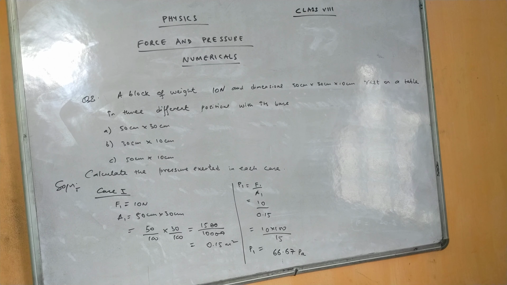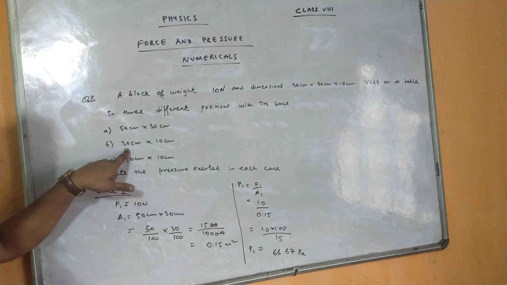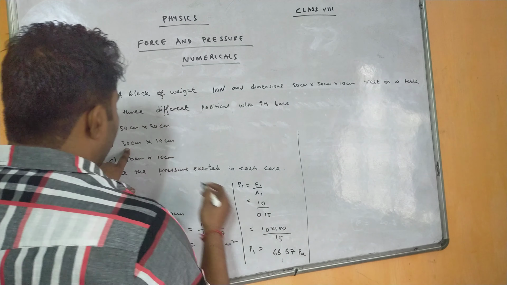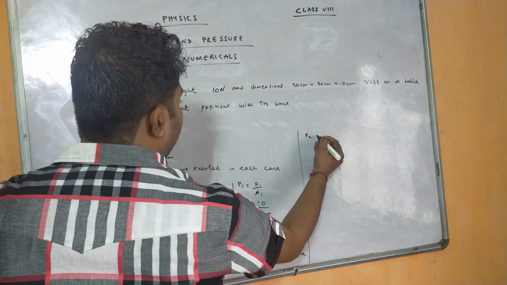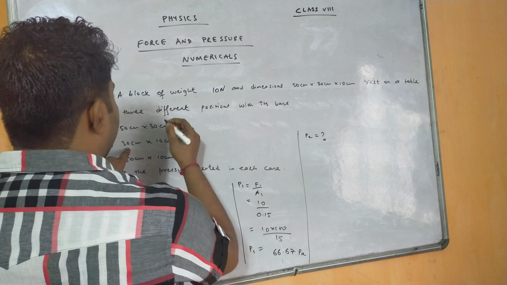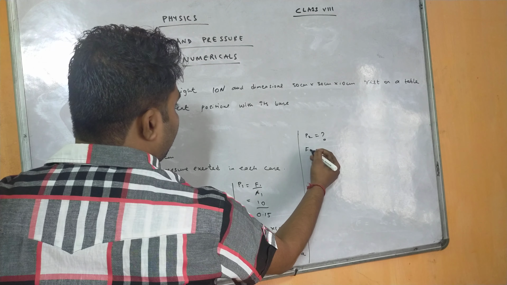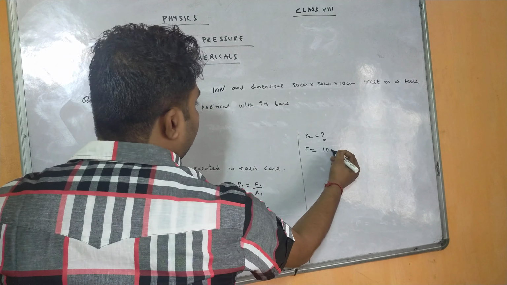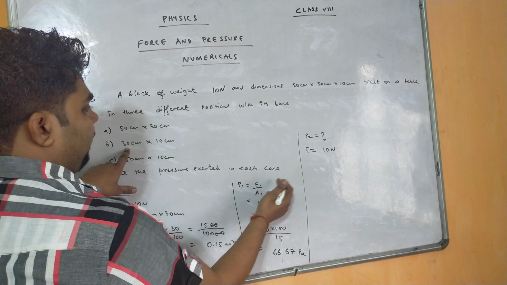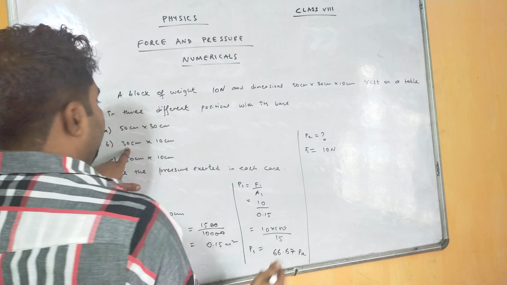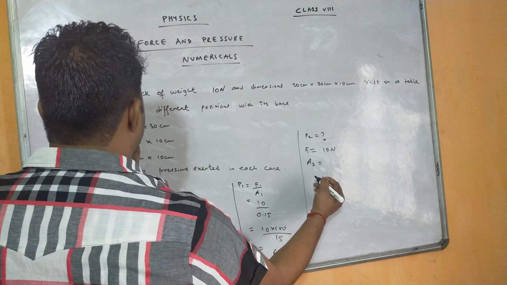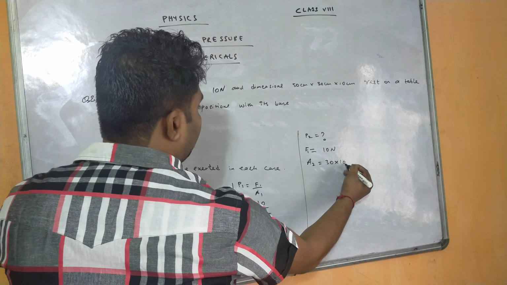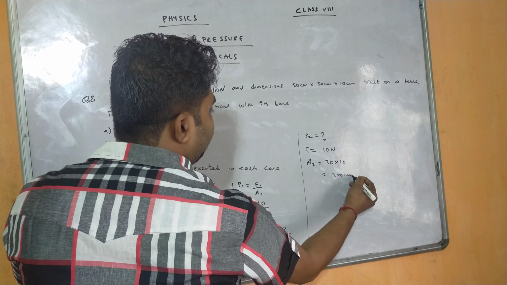Similarly you will find P2 also. F2 and F1 are the same, let us consider it F only. F is 10 here, and area 2 will change, that is 30 into 10, that is 300 centimeter square.